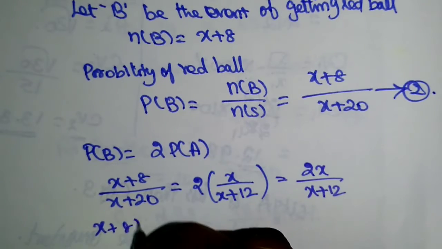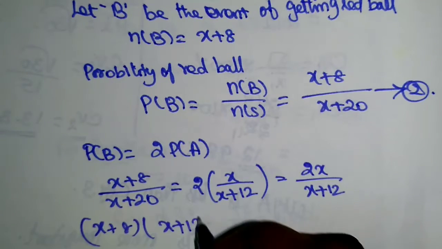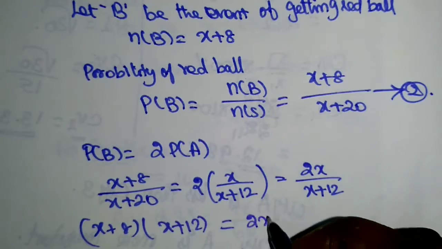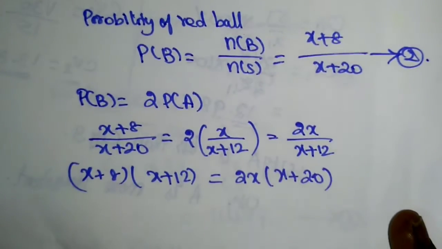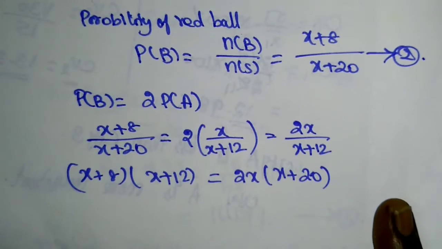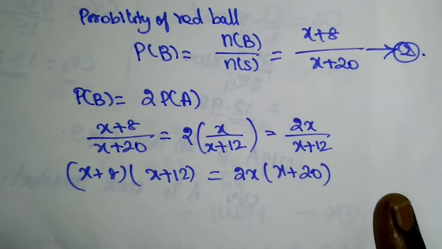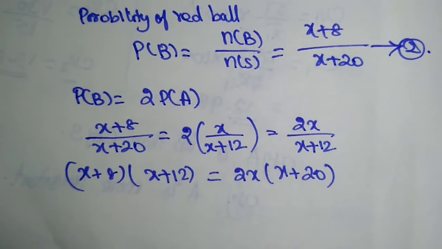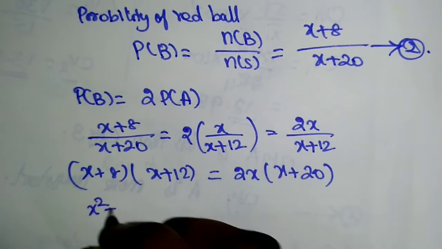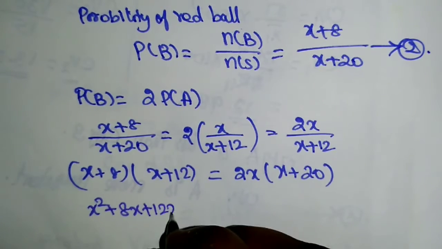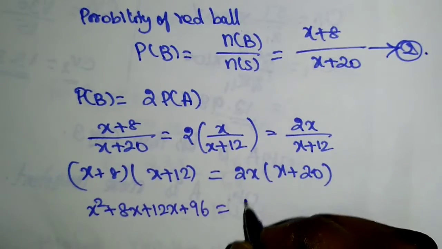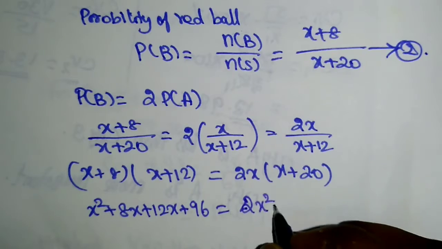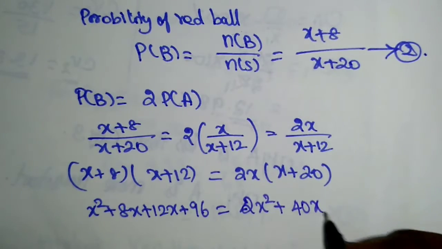So (x plus 8) into (x plus 12) is equal to 2x into (x plus 20). It can be written as x square plus 8x plus 12x plus 12 into 8 is 96, is equal to 2x square plus 40x.